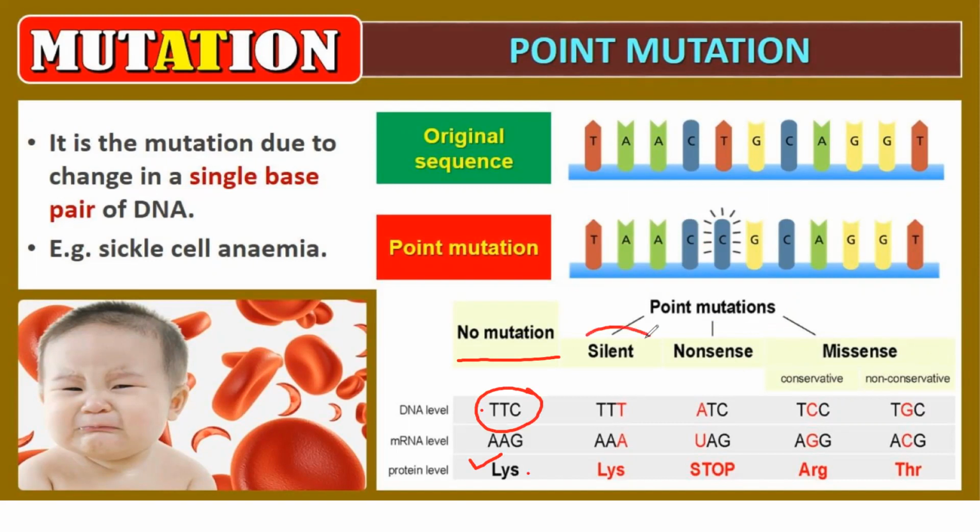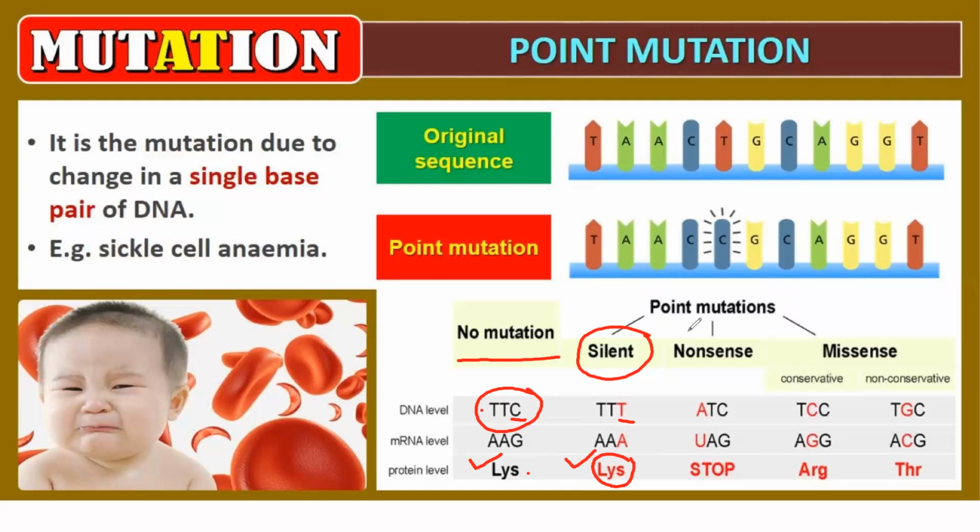In silent mutation, instead of C, T is placed. That is responsible for the same kind of amino acid. So though there is a mutation, no such change takes place in the individual's body. That's why it is known as silent mutation.